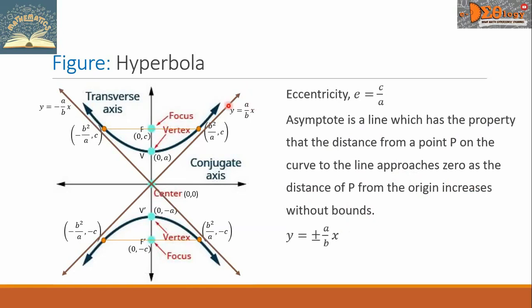Here we have two asymptotes of the hyperbola. The equations of these asymptotes are y equals positive a over b times x for this line, while the other asymptote has equation y equals negative a over b times x.